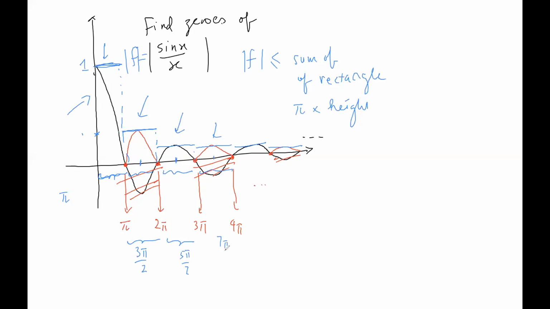Be 7 pi over 2, right? So the midpoint over here will be, you substitute, for example, this one, you substitute sine of 3 pi over 2 over 3 pi over 2, right? So sine 3 pi over 2 will give you 1.